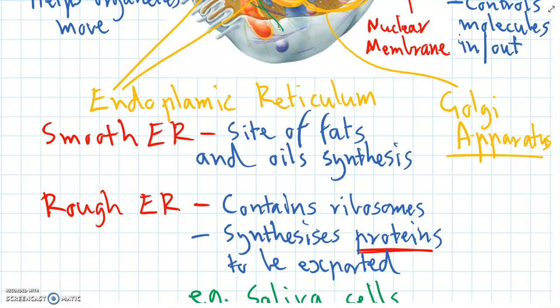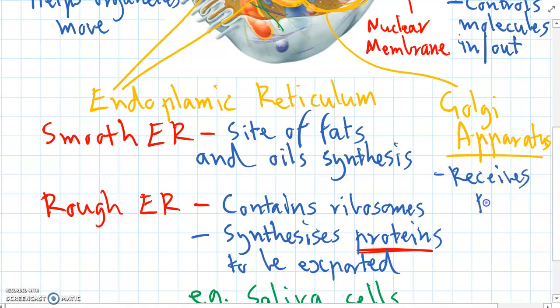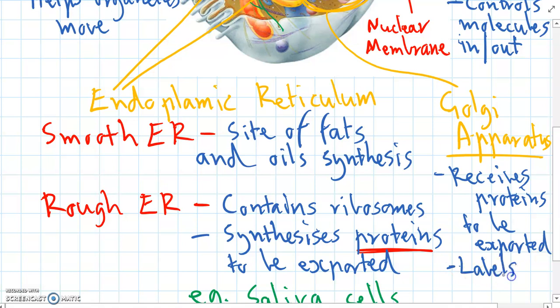So think of it like almost the post office. It receives the proteins to be exported, and then it labels them and sends them where they need to go.